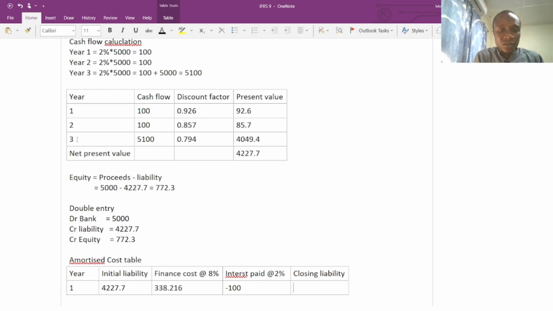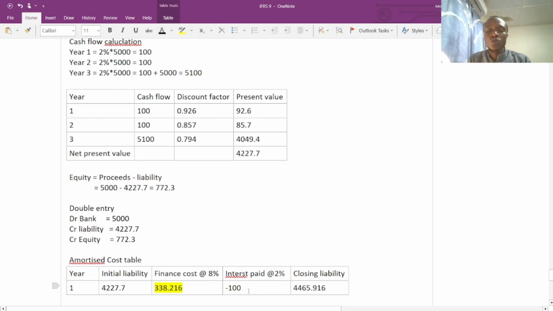Then the final closing liability will be 4227.7 plus 338.216 minus 100 will give us 4465.916.